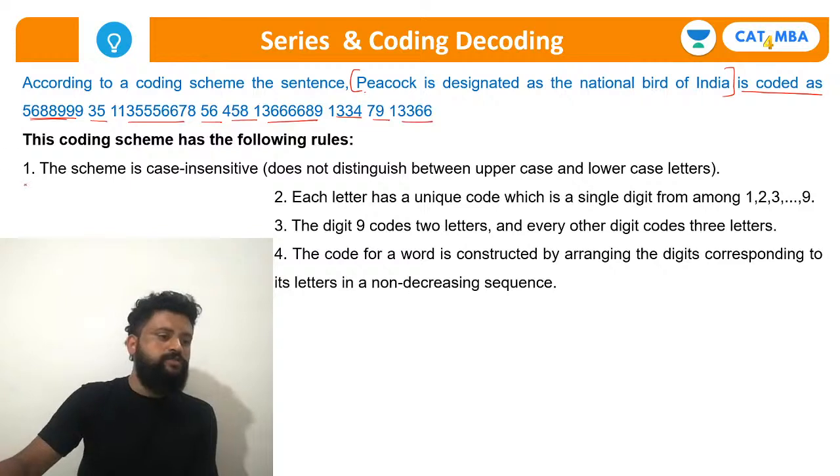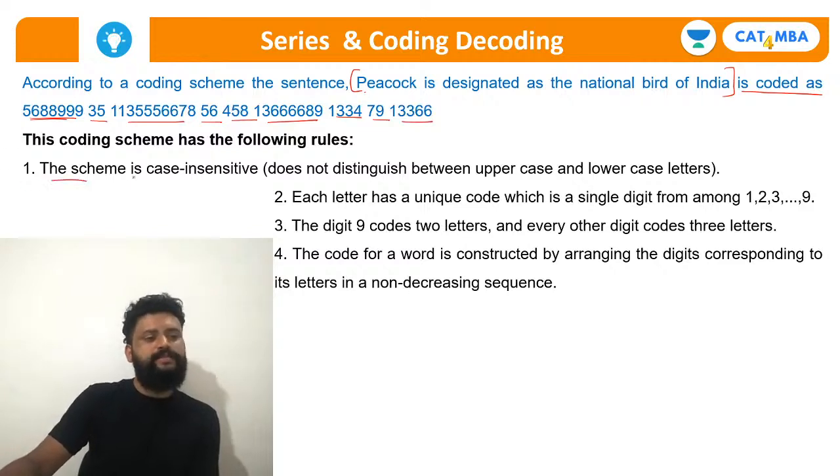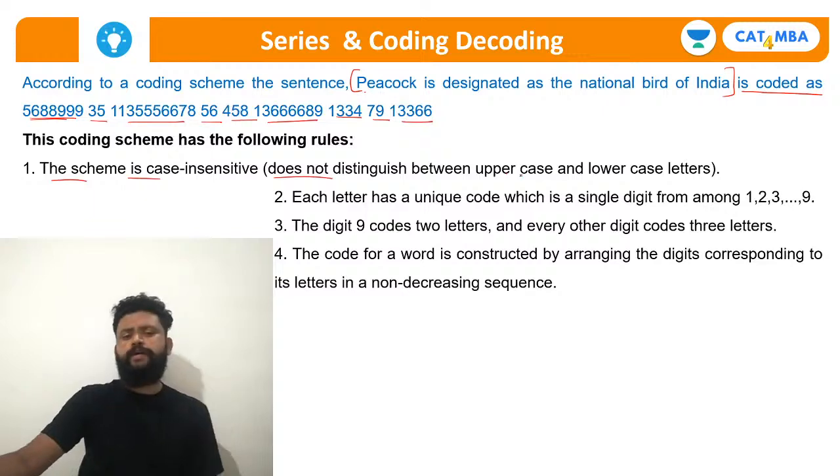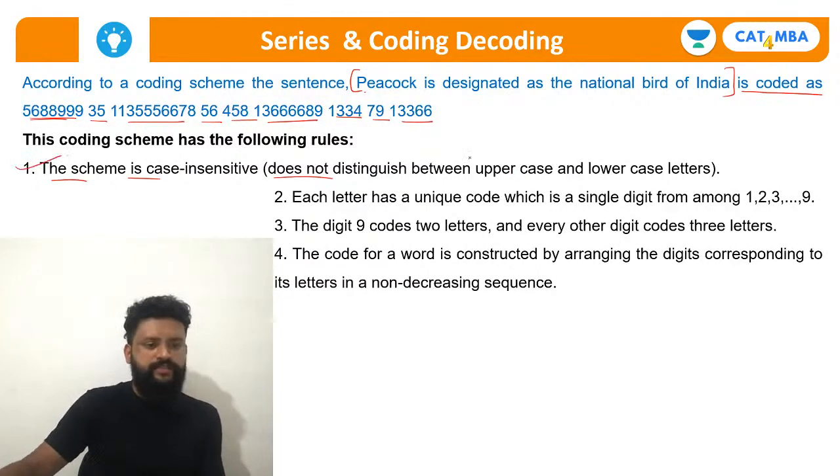That's it. So we have one more thing, that the scheme is case insensitive. It does not distinguish between uppercase and lowercase, so you need not go for uppercase and lowercase. You can neglect that. So that's a very simple clue.